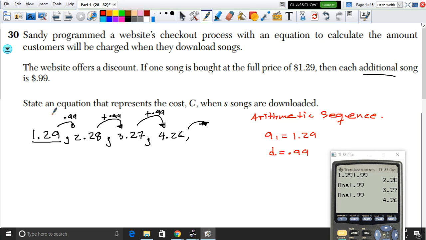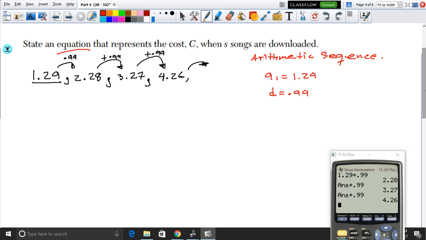So why are we bothered to identify it as an arithmetic sequence? Because if we want to state an equation, we can use the arithmetic sequence, because we know that all arithmetic sequences look like A_N equals A1 plus N minus 1 times the common difference. We already have those values.